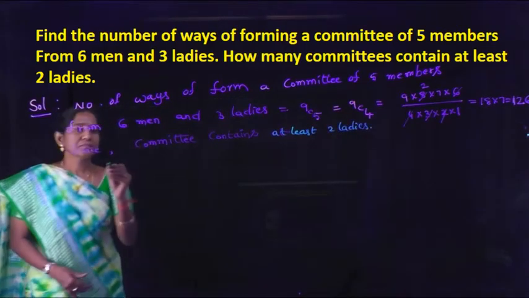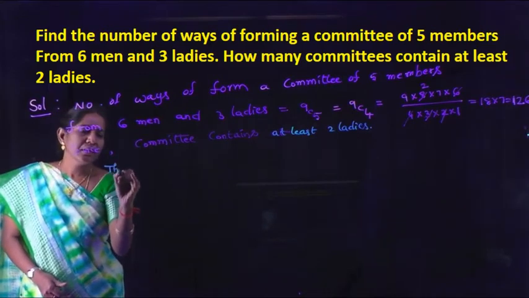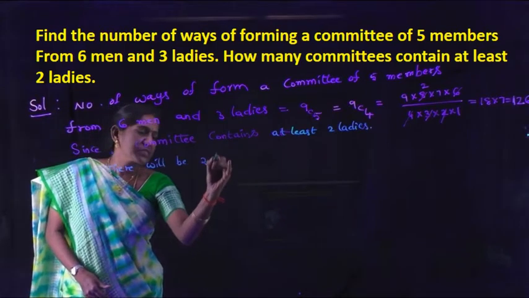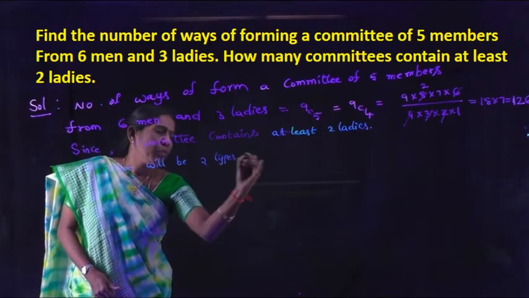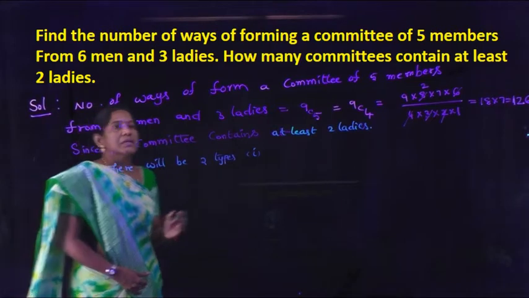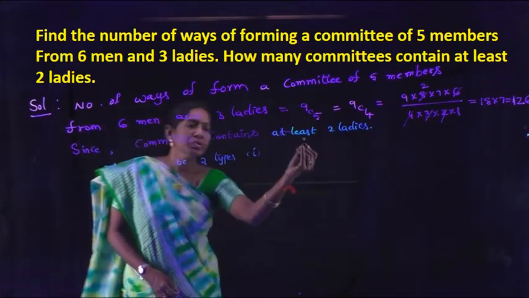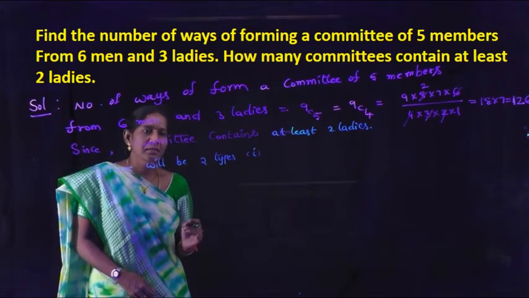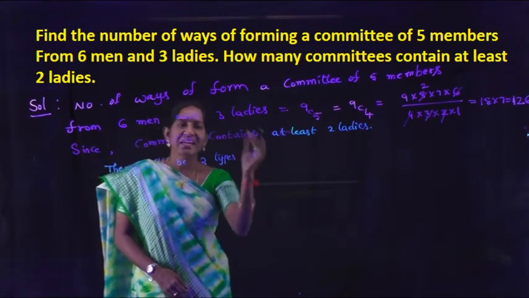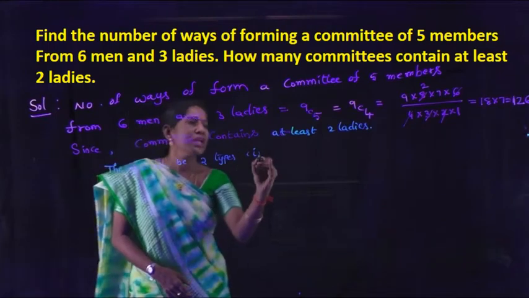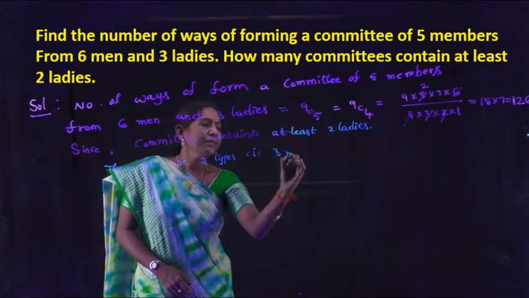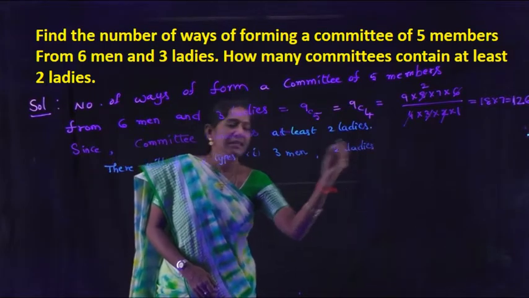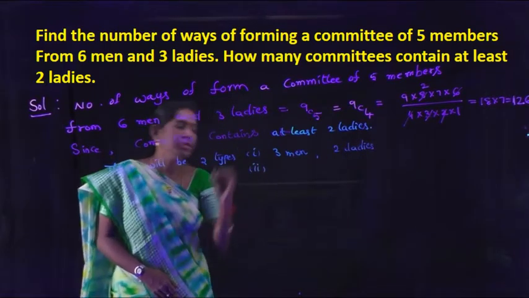Then there will be 2 types. Selecting at least 2 ladies means we have to select 2 or more ladies. Here 3 ladies are given. Then the first type is 3 men and 2 ladies. Select 3 men and 2 ladies.